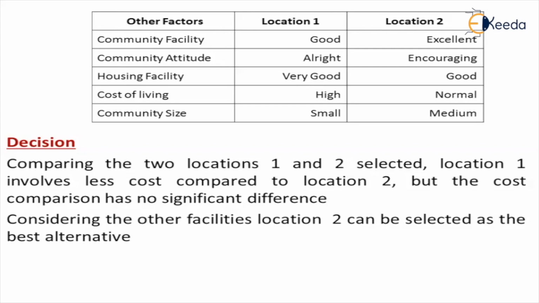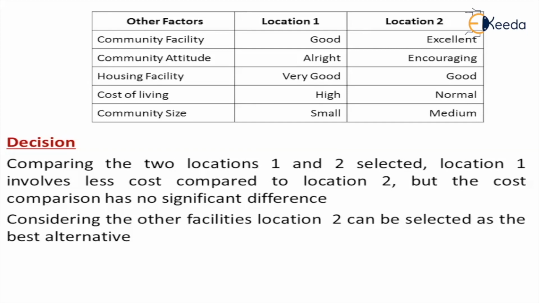Housing facility is very good in location 1 and good in location 2. So housing is a minor factor because most of the time we are going to spend in the industry. If it is good, okay, we need not expect a very good housing facility. Apart from that point, the community facility, attitude, size, and cost of living are very good in terms of location 2.